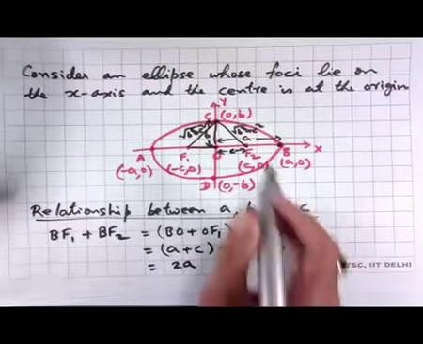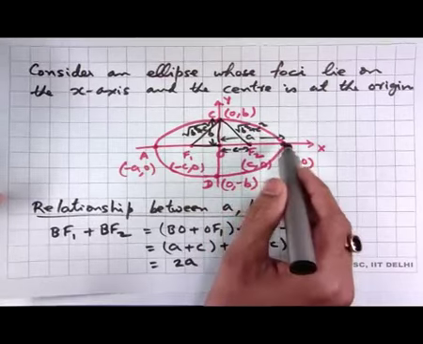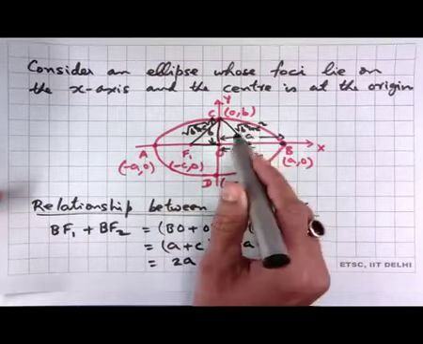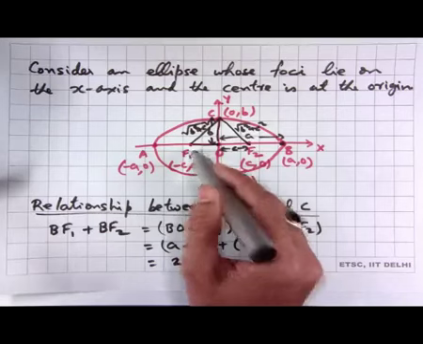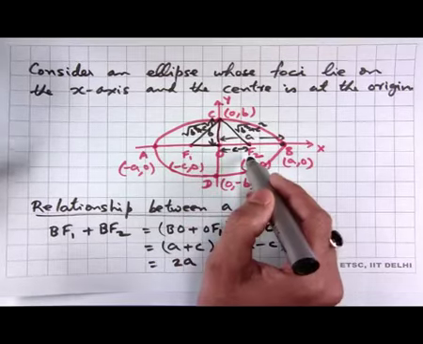Now, the definition of an ellipse is that the sum of the distances of any point from the two foci is a constant.